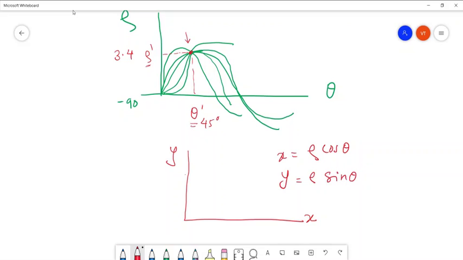From rho and theta, you can find out x and y, and then plot the line. So you'll get a line something like this with 45 degrees, and rho is equal to 3.5, perpendicular to this, you get a line. Okay, so that's it for today.